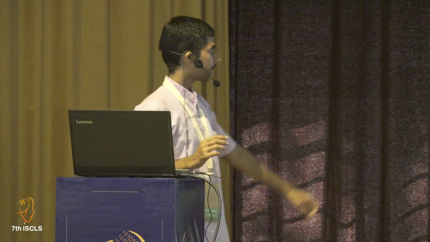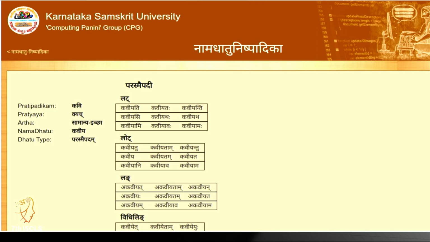So the forms look like these. The given Pratipadikam is Kavi and the Pratyaya is Kyach, Artha is Samanya Icha. In this case, the Nama Dhatu that is formed is Kaviya. So Kaviya is treated as a new Dhatu itself. It is not an Aupadeshika Dhatuhu.